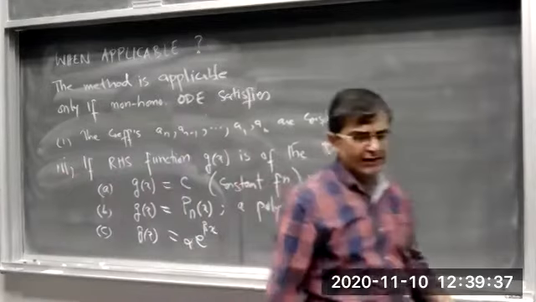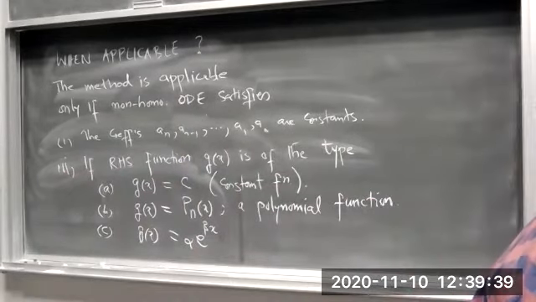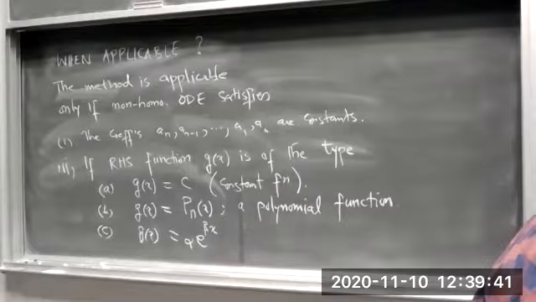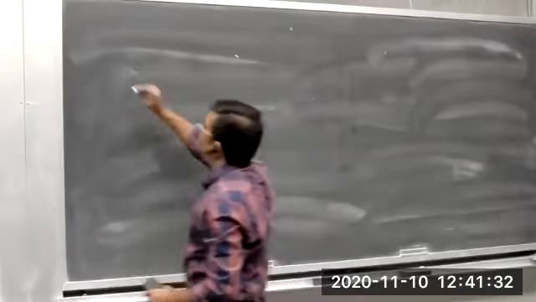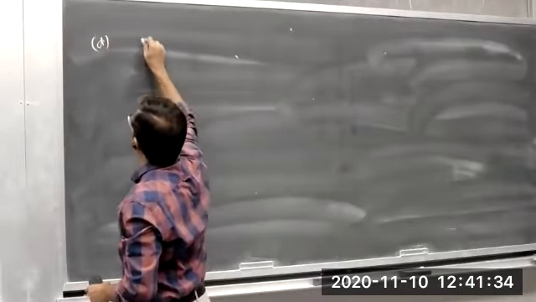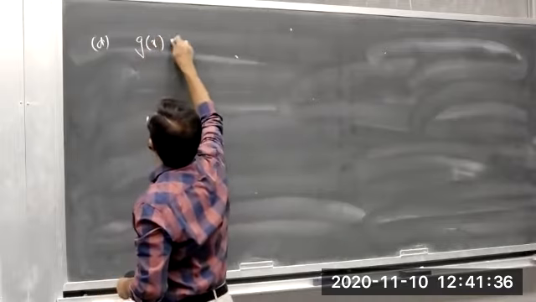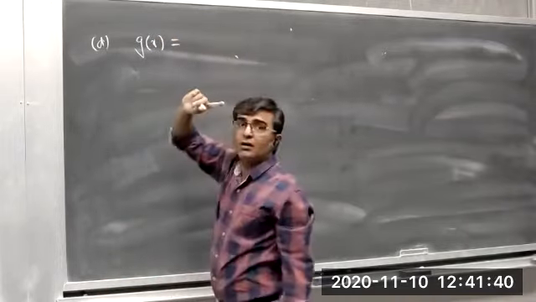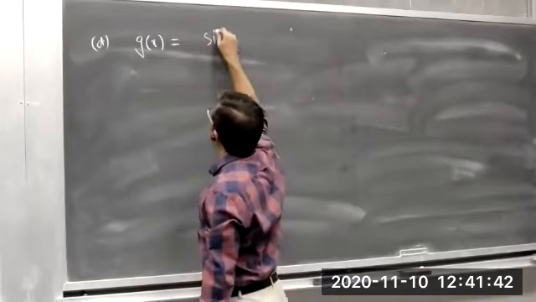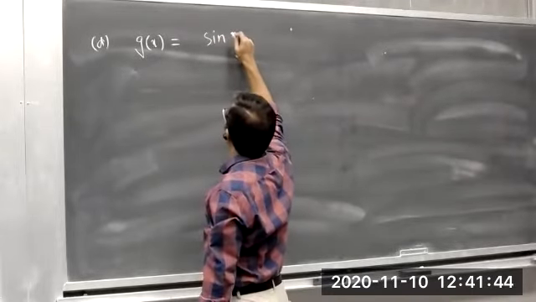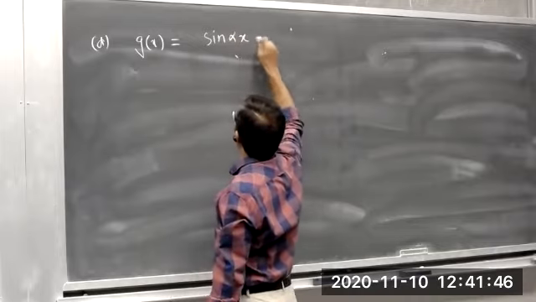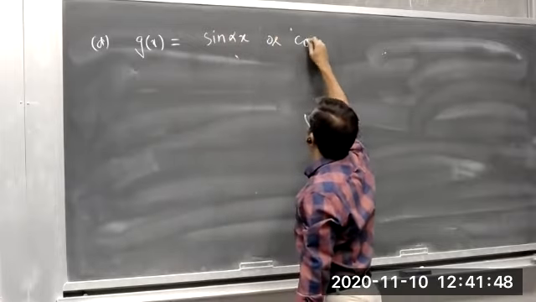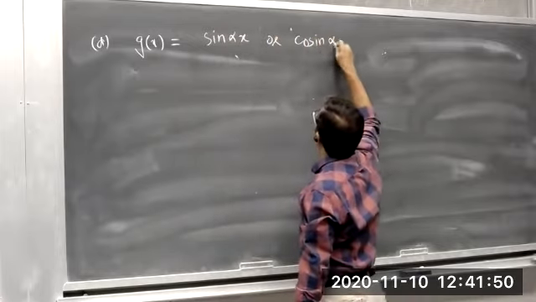This is the third kind of function for which we can solve the differential equation. The fourth type, another type of right-hand side function: if the right-hand side function is a trigonometric function only of the type sine of some constant alpha x or cosine of alpha x.